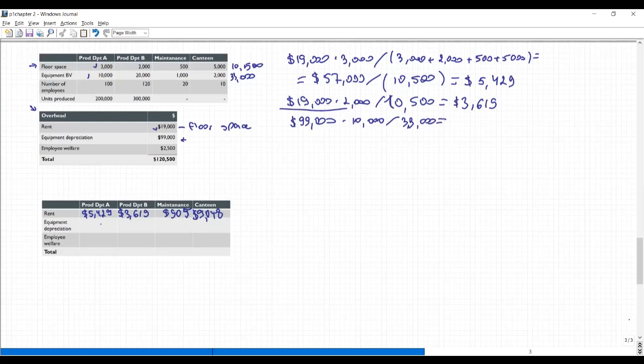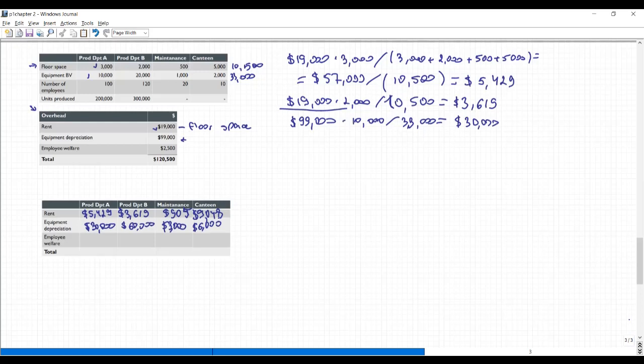So this is going to give us the allocation figure of 30,000 here. Then here it's going to be 60,000. And here it's going to be 3,000. And here it's going to be 6,000. And the total is 99,000.